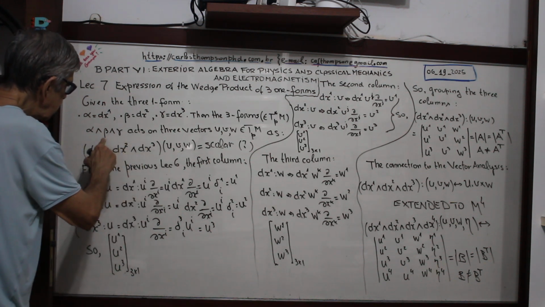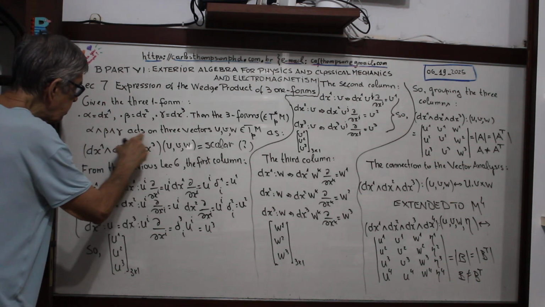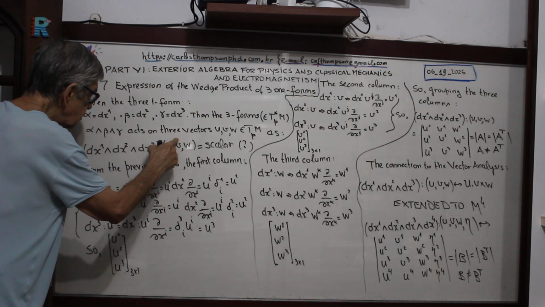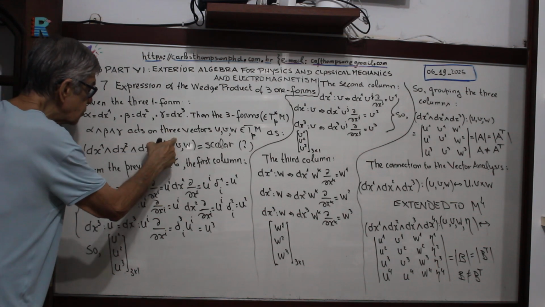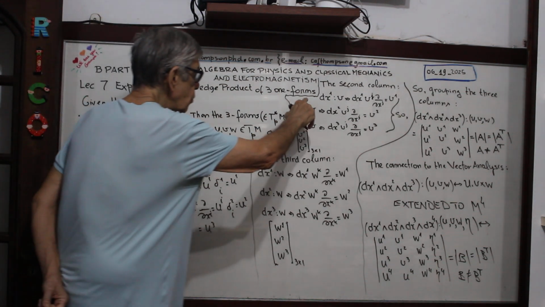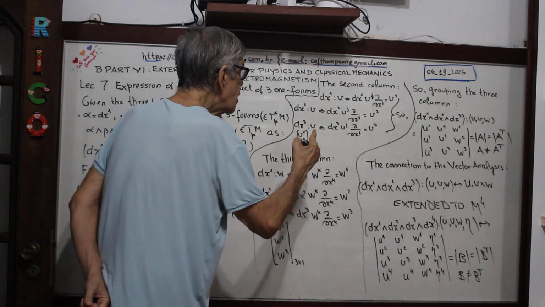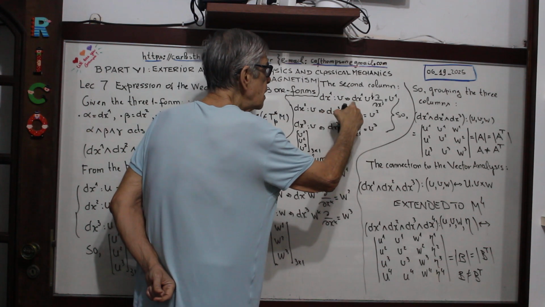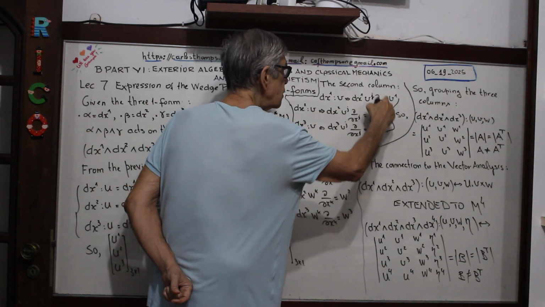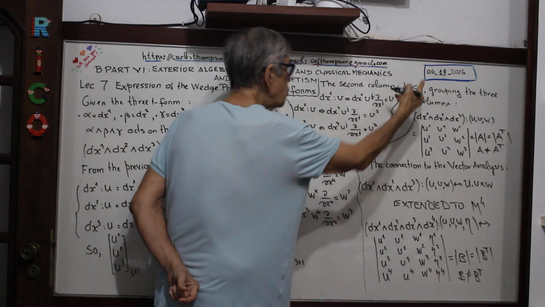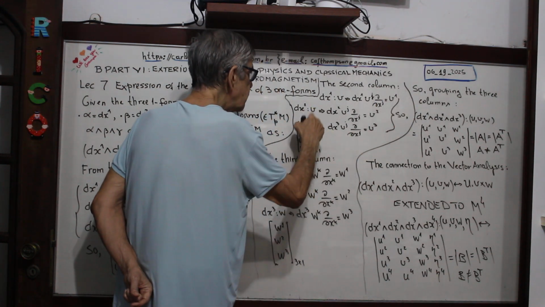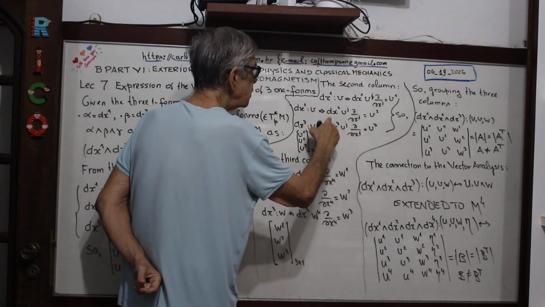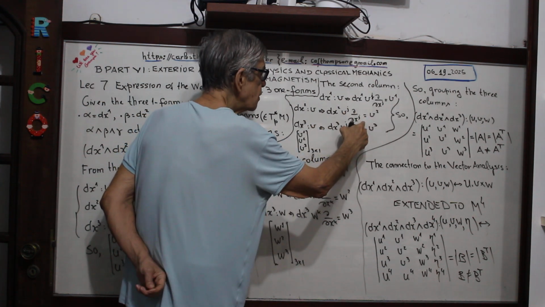Now, let's move to the vector v. You see? Then dx1 applied to v, dx2 applied to v, dx3 acts on v, which is written right over here, is analogous. You see, that's a linear map. dx1 acts on v, dx1 of v^j partial x^j, this is v1. dx2 acts on v, implies a scalar. dx2 of v^j partial x^j.